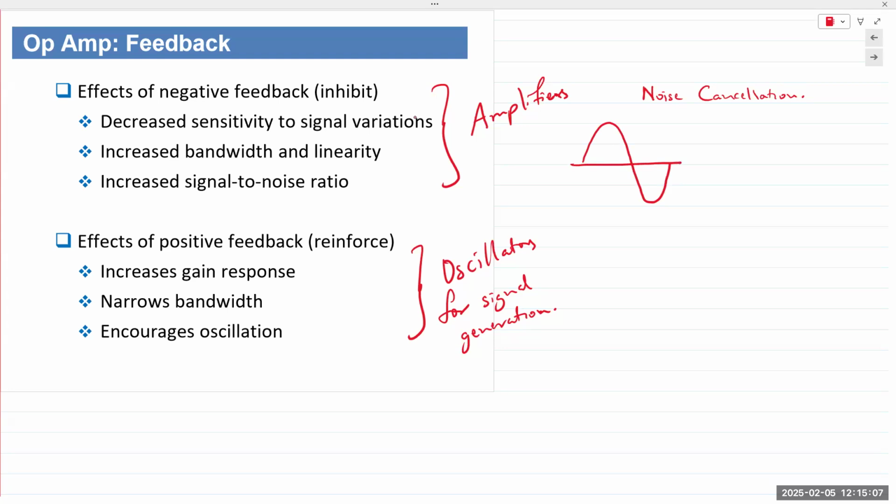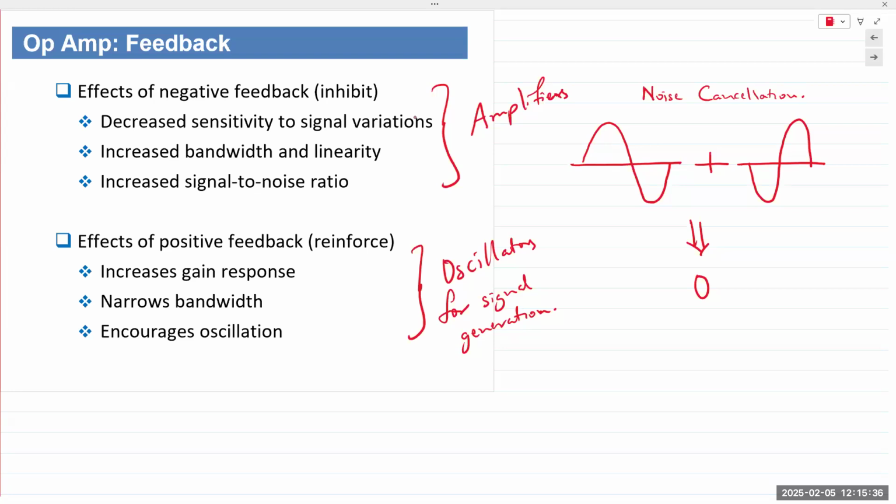You invert it, so it's 180 degrees out of phase, thus resulting in zero output. Okay. So far, so good.